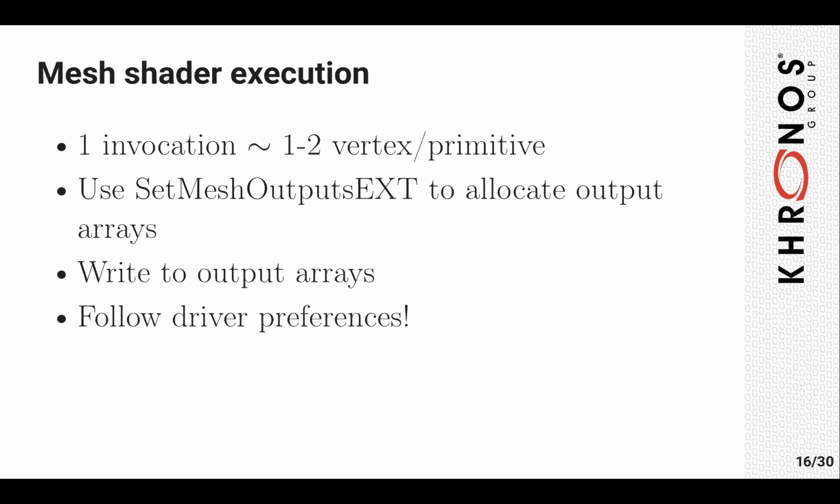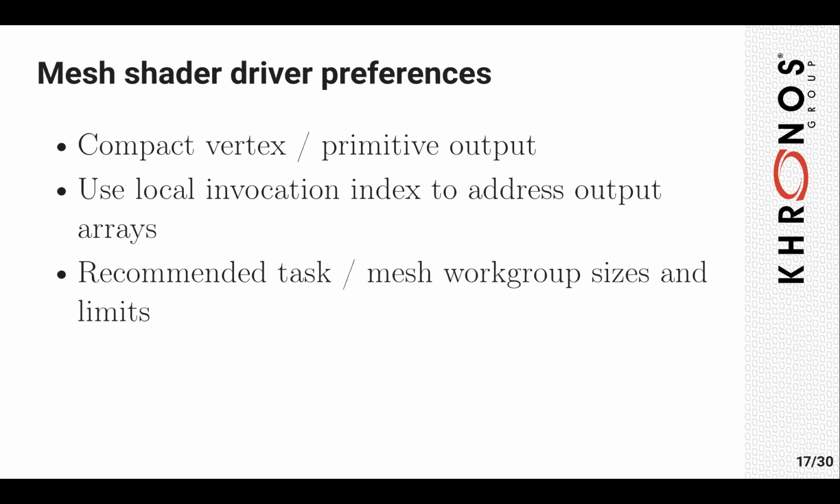And once again, it's very important that when you write mesh shaders, you follow the driver preferences. There are several preferences that you can find in the API documentation. I wrote some of the more important ones here, but these are not all. But I think these are the most relevant to performance.